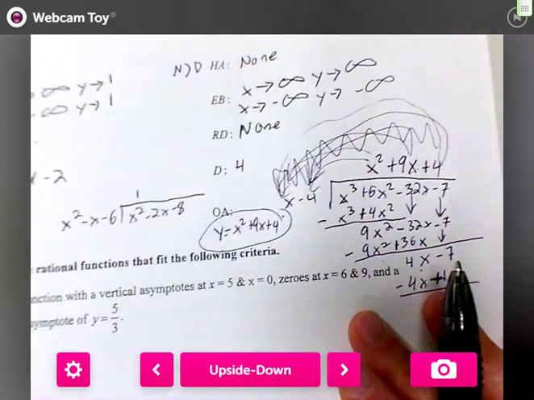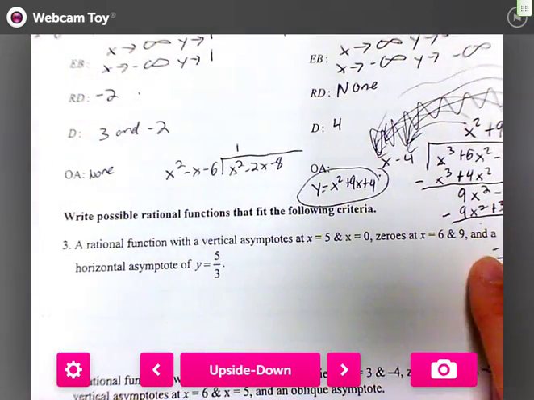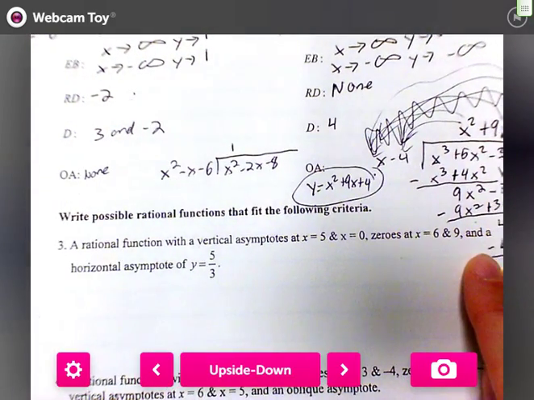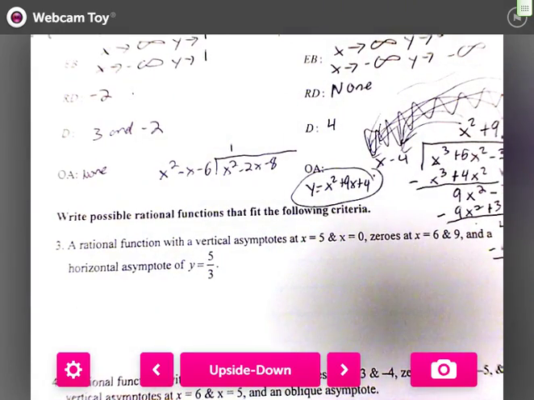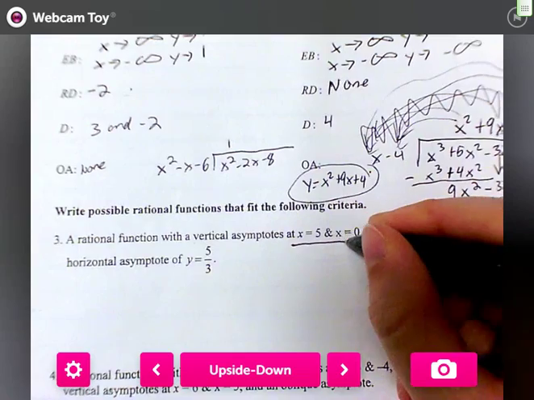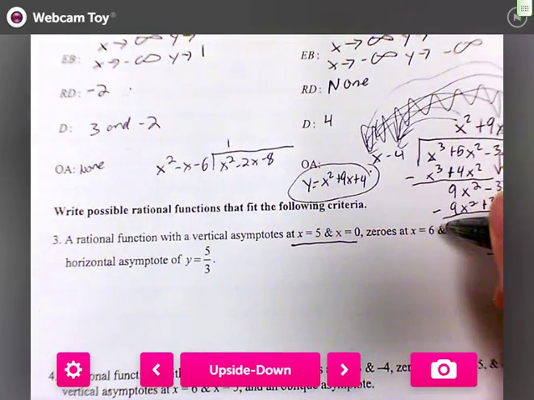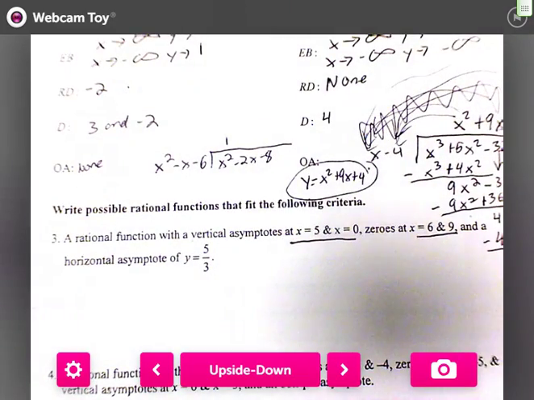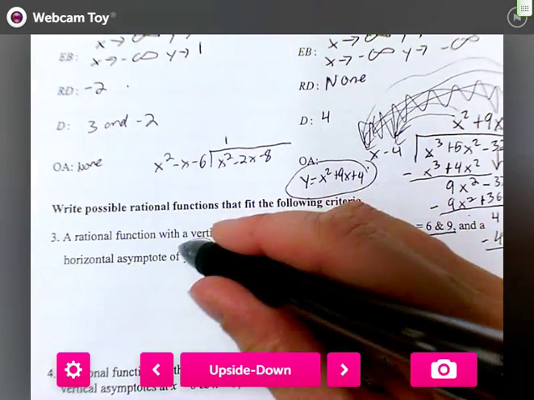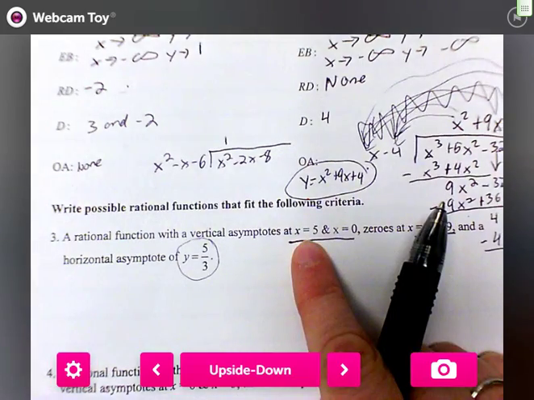Okay, these last two. We are going to make an equation given this information. Okay? Vertical asymptote, a rational function with vertical asymptotes at x equals 5 and x equals 0. Zeros at 6 and 9. And a horizontal asymptote of y equals 5/3. Vertical asymptotes go on what of the function?